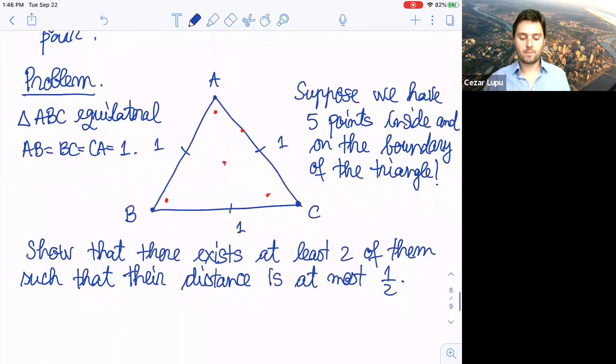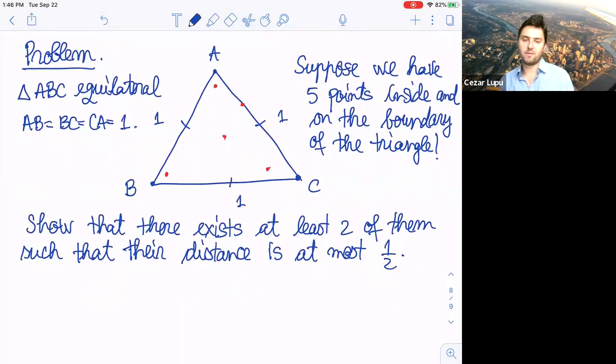I want you to think of this. This is a basic application of the pigeonhole principle.